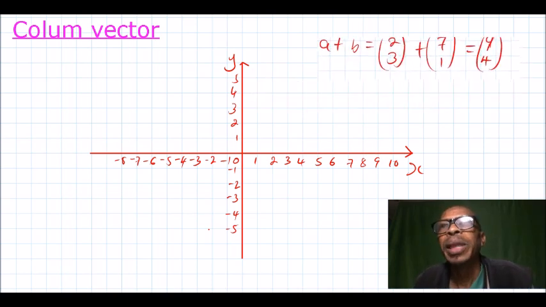So we have said A and B. We can demonstrate A using 2 and 3. So the displacement we can draw. Let's use a different color. Along the x-axis we have 2 units, along the y-axis 3 units. So that is our vector A.